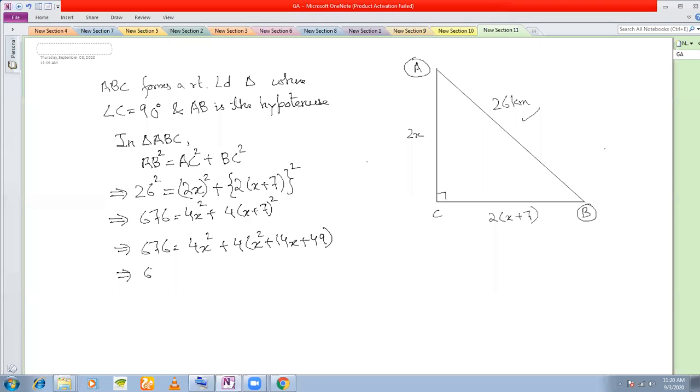We have 676 is equal to 4x square plus 4x square plus 56x plus 49 into 4 is 196. So this is 676 is equal to 8x square plus 56x plus 196.